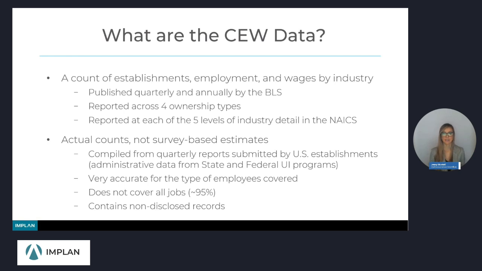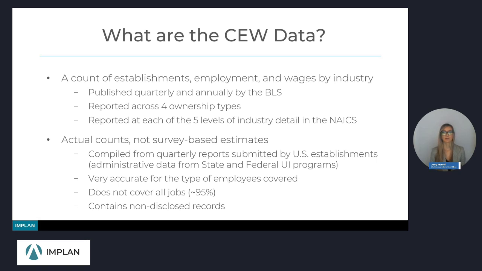It also contains non-disclosed records. So it has data for counties, states, and the US as a whole for all these ownership types and all these industries. But there are suppressed values that the government does intentionally to protect the privacy of firms that might be able to be identified by the data.